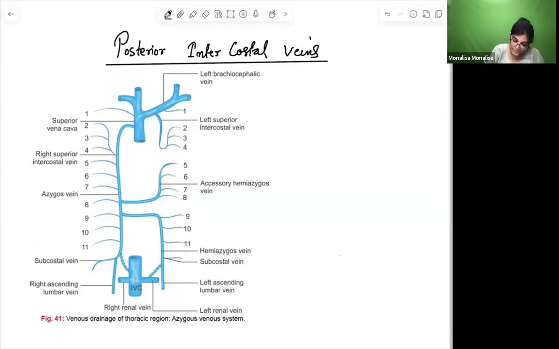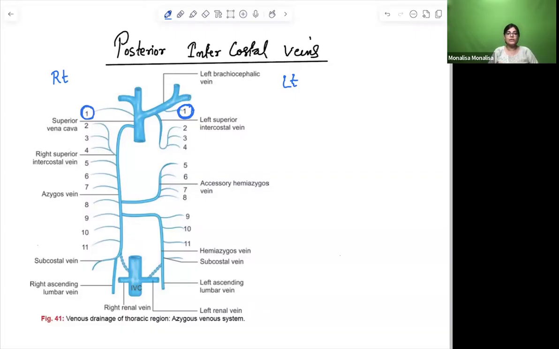So see here. Here we have got, this is the first posterior intercostal vein. Okay, this is the first posterior intercostal vein of the right side, and this is the first intercostal vein of the left side. This is right side and this is left side.